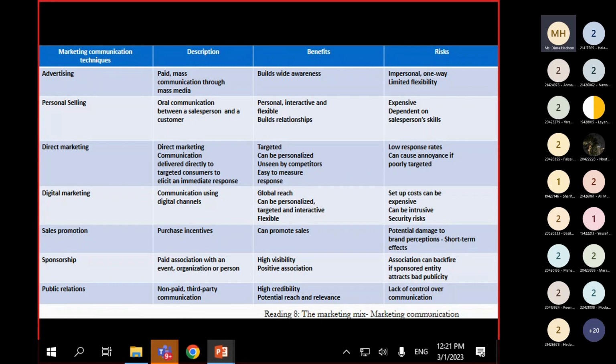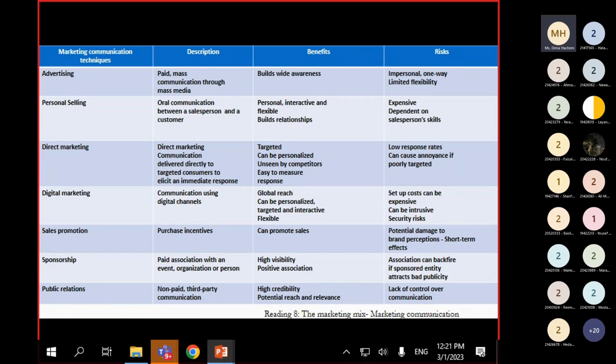Next is direct marketing. What is direct marketing? How many times do you receive a message on your phone about an ad? Okay, so those SMS messages are called direct marketing.